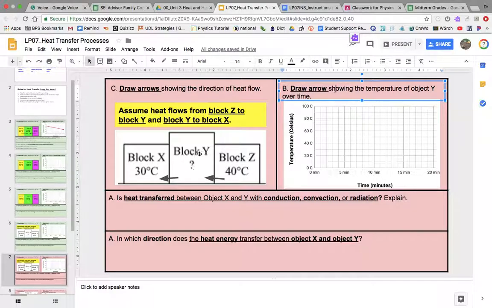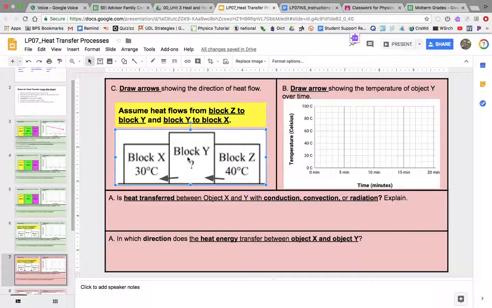All right, it cannot be hotter, because if Y was 100, then the arrow would be going the other way, but it's not. It is going this way. So that means that the temperature for Y is between Z and X.